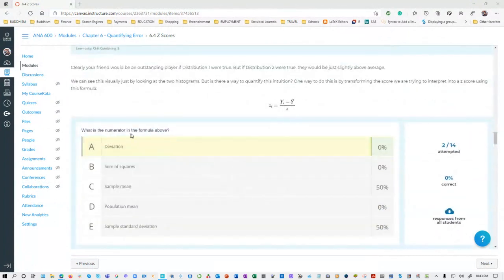They ask, what is the numerator in the formula above? The numerator is nothing but the deviation, or residual. Again, residual. This is standardized, so you can call it the standardized residual, another name.